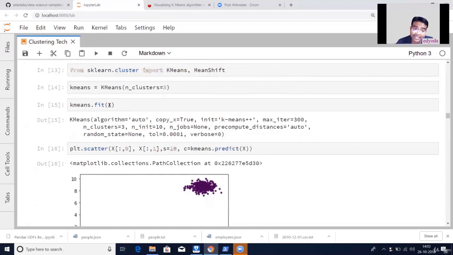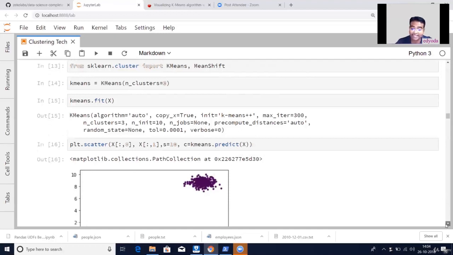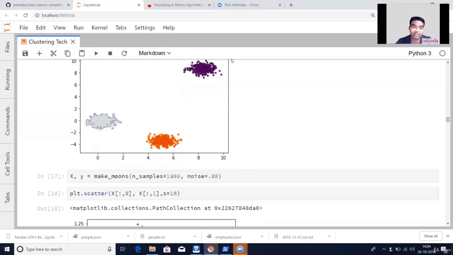As we discussed earlier, this is unsupervised learning, so you don't pass y over here, only x. Once the model is trained, kmeans.predict will give you the class, or the cluster number. That's what we are using as a color, and we can see that these 3 belong to different clusters.